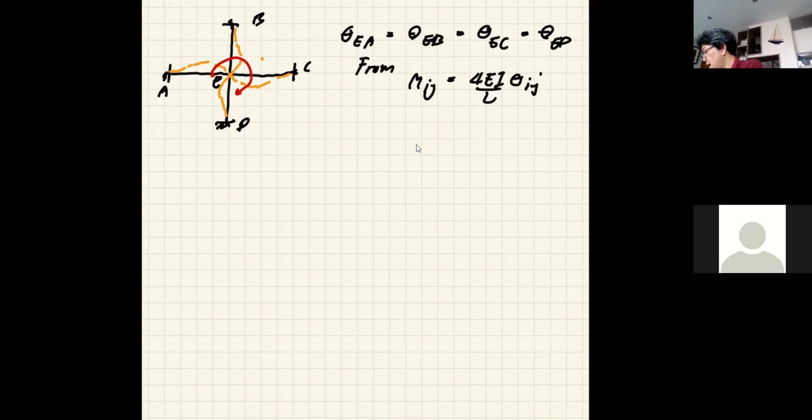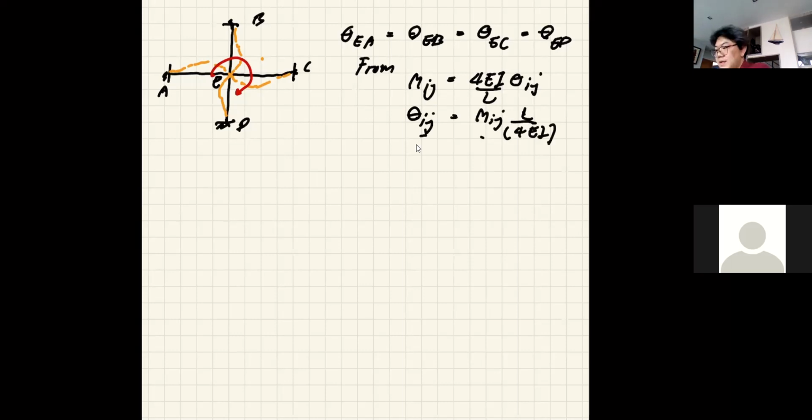I can rearrange this term so that I can write my zeta ij in terms of moment, and that would be equal to Mij multiplied by L over 4EI. And likewise, I can substitute ij with EA and EB and so on and so forth, right?